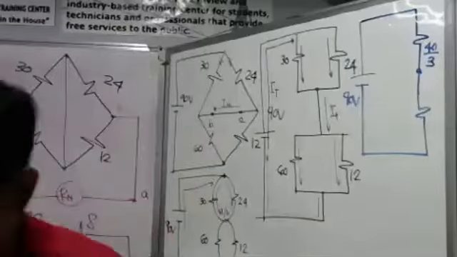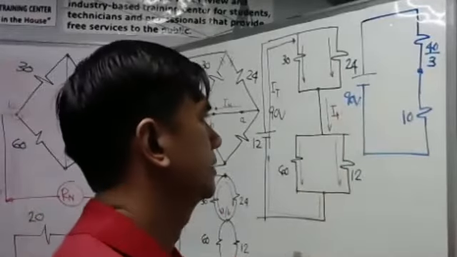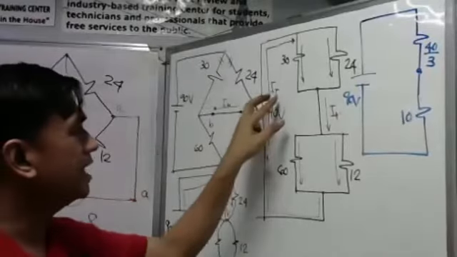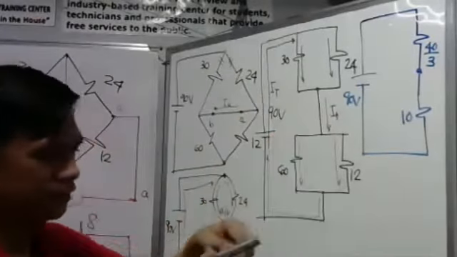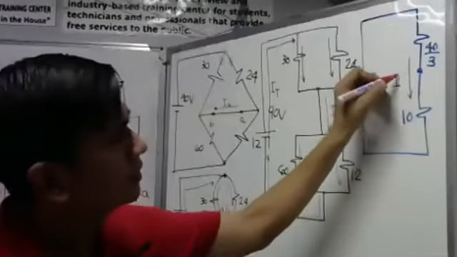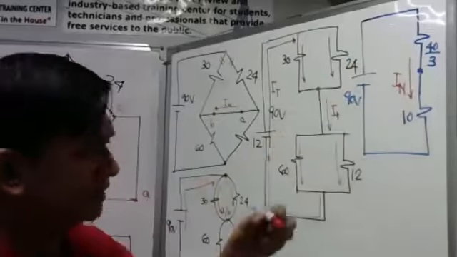That is 10 ohms. Okay. What is that current? They are just equal. The total current is just your Norton's current. The current flowing here, the IN, there's only one current flowing because they are just simply connected in series.